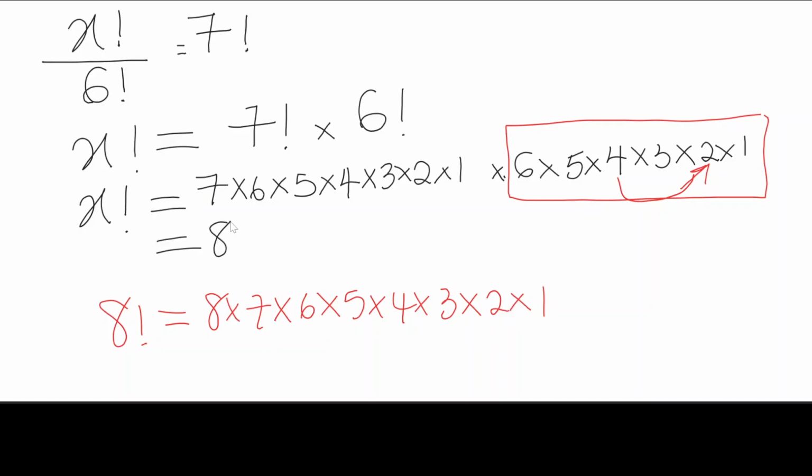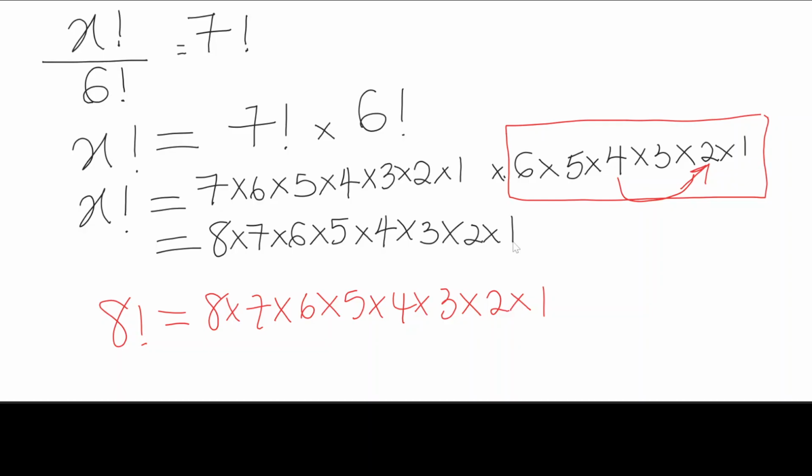The 8 I'm getting here is what I'm going to be writing now. So we have 8, then multiplied by 7, then times 6, then times 5, then times 4, times 3, times 2, then times 1. So 8 times 7 times 6 times 5 times 4 times 3 times 2 and times 1.